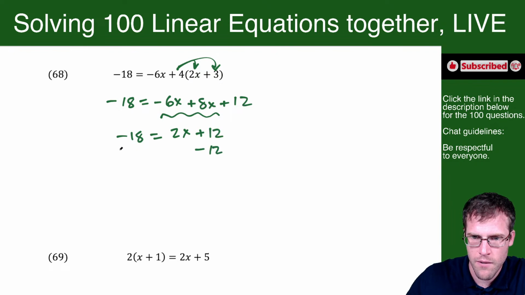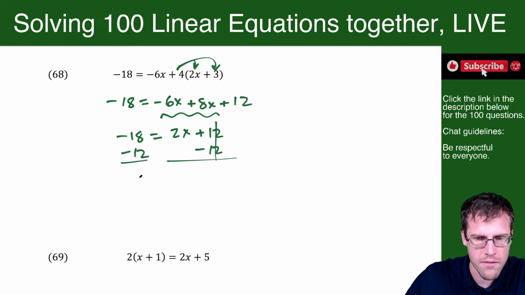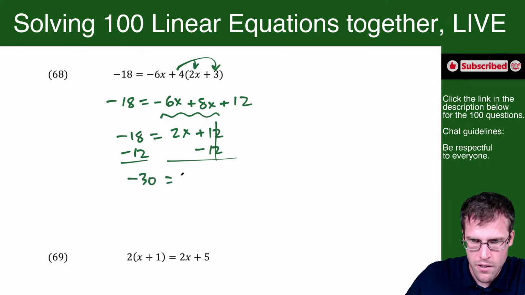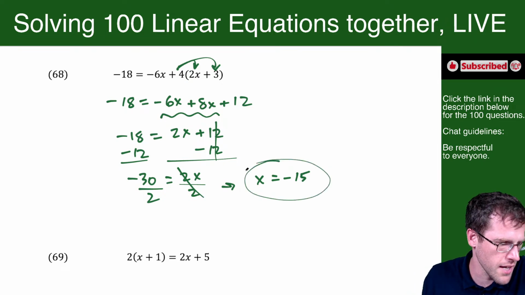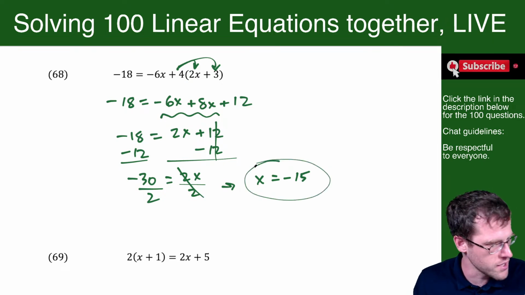Plus 12, and now minus 12 on both sides. So we've got negative 18 minus 12 is minus 30 equals 2x. To get rid of the times 2, just divide both sides by 2, and x equals negative 15. All right, 68 is done.